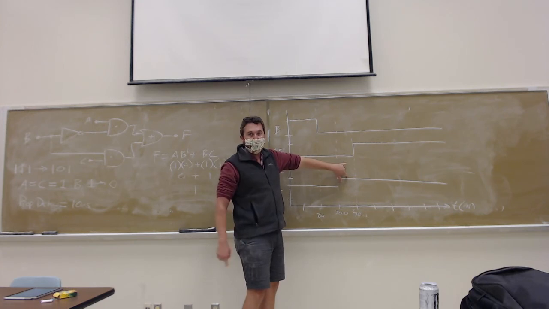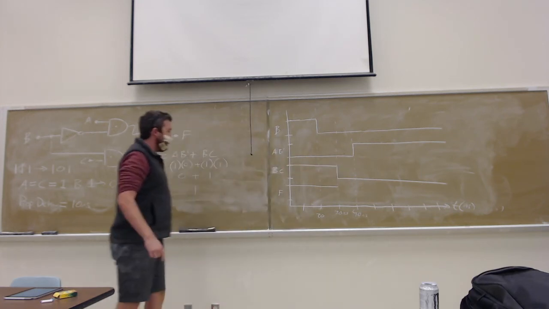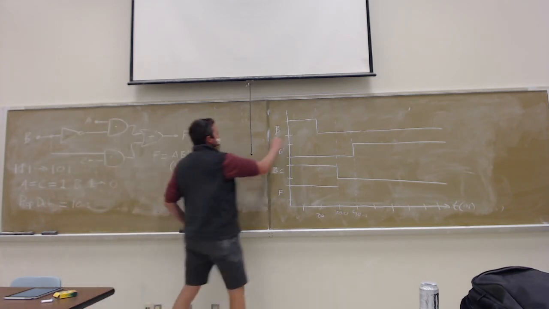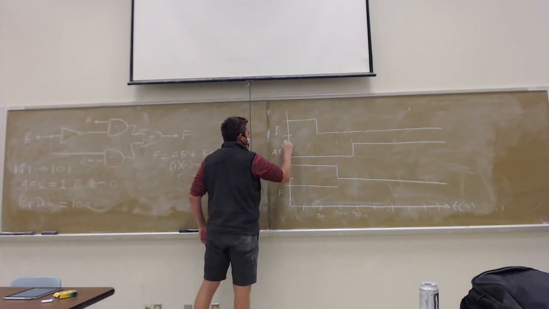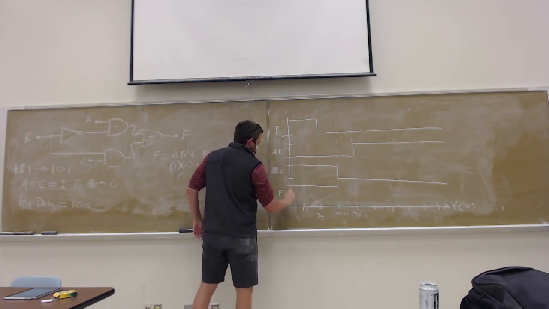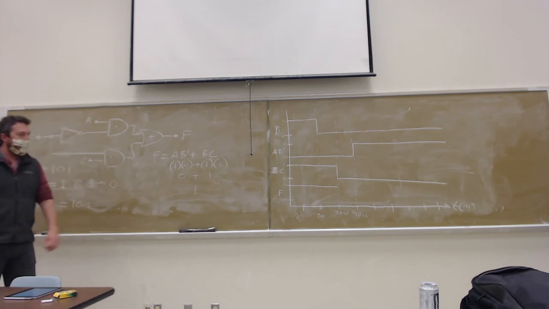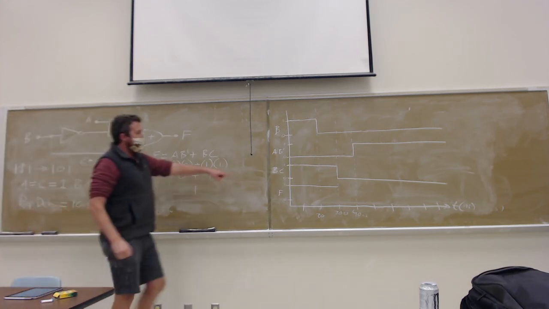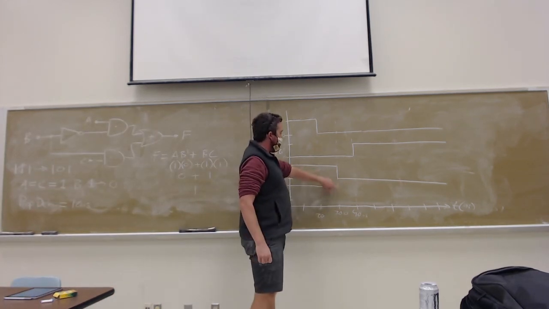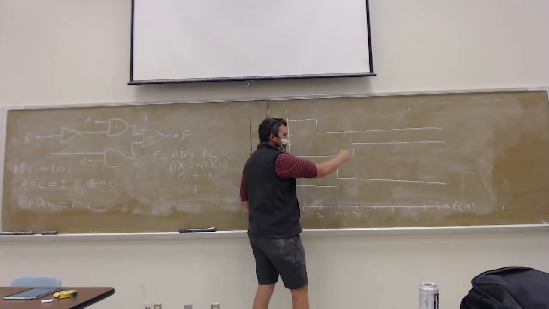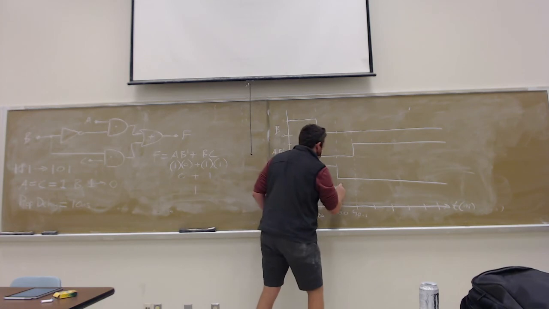The bottom dash represents 0 and the top dash represents a 1. Okay, cool. So at this point, when BC transitions to 0, the output is going to be equal to 0, right? But it's not going to happen until 10 nanoseconds later, right?